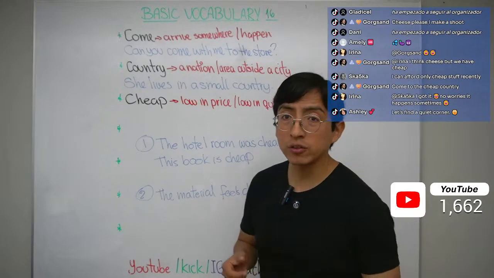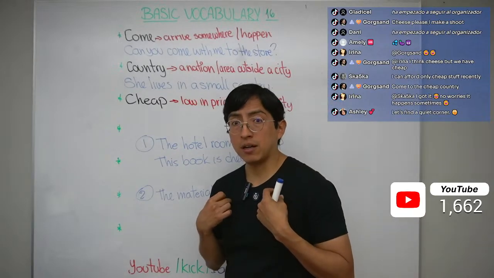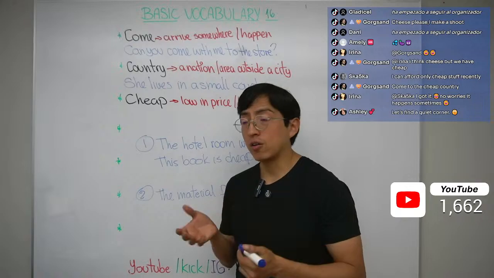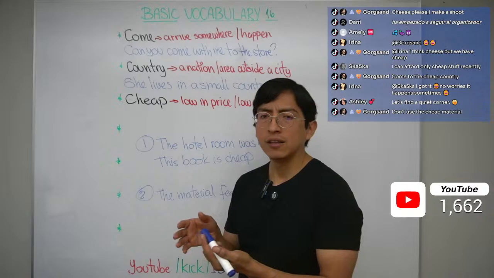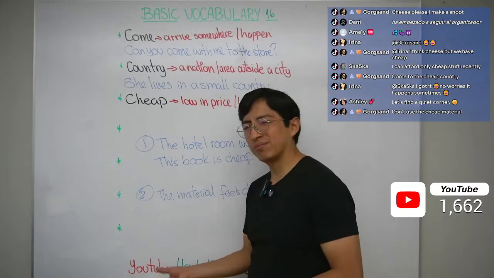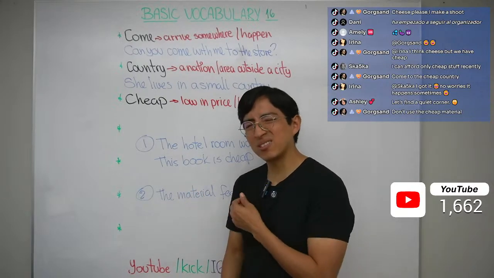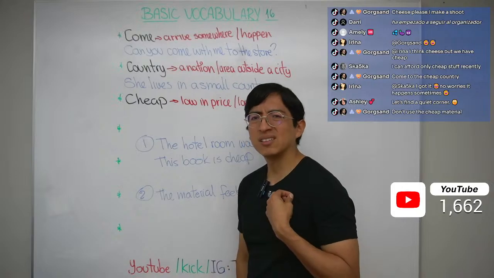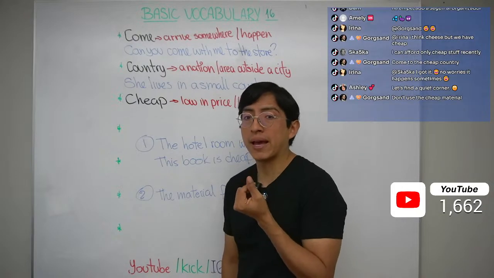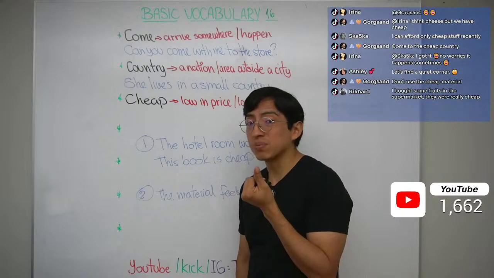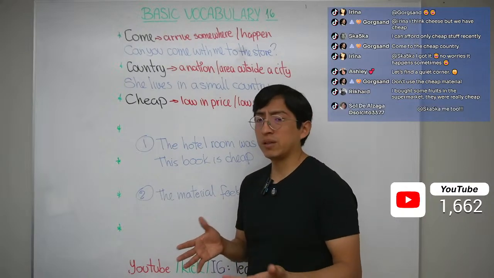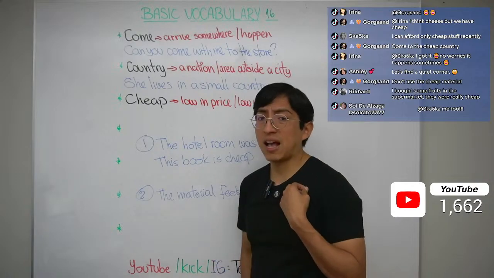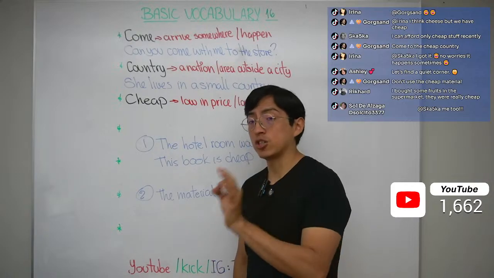So imagine you want to buy maybe a t-shirt, or maybe a bag, a purse, a handbag. So you can say, this material isn't very good, this material feels bad, feels cheap. So you mean that this isn't a high quality t-shirt.